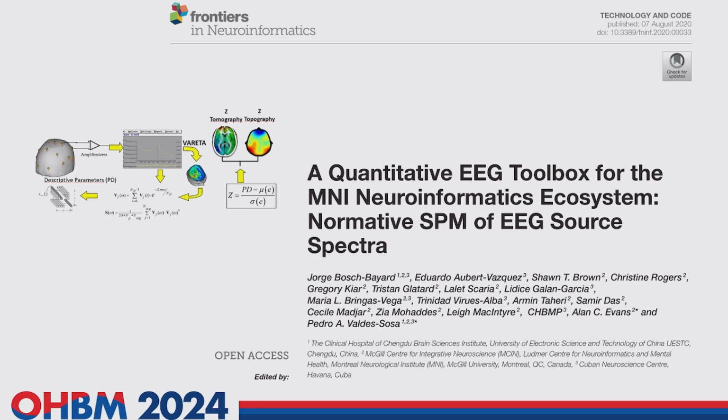Pedro and Maria have talked about two types of quantitative EEG analysis toolboxes. The old one that we call qEEGT, that T from tomographic, is the more traditional one that we developed, the first that Pedro explained, developed in the 90s based on the Cuban normative population.